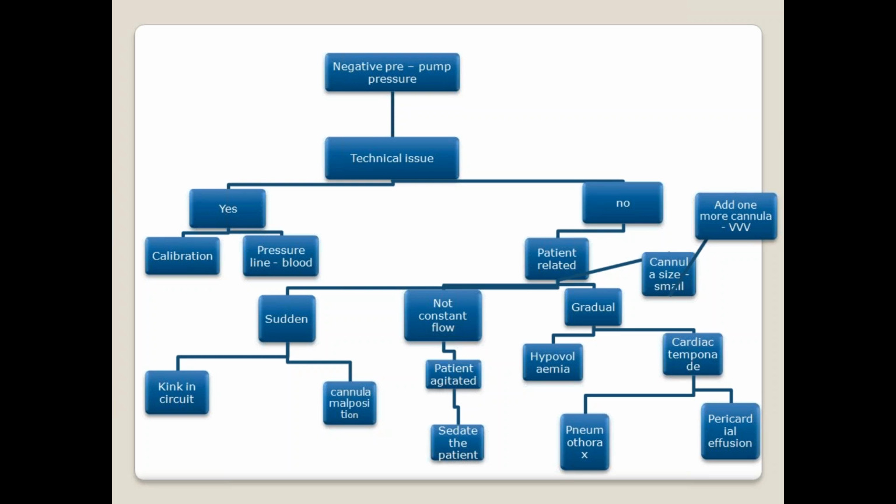If the cardiac silhouette is increased or there is a pneumothorax, you have to treat that. If in spite of all that you are still not getting good flow, cannula malposition can also be there, but once you do an X-ray, you will get to know the cannula position also. If you still don't get proper flow, then don't wait for a long time. Think about putting one more line for drainage and making it a VVV.